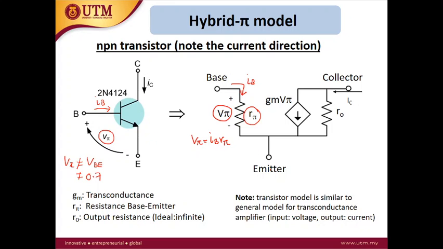Between the emitter and the collector, we will have a dependent current source to represent the relationship between IC and IB.